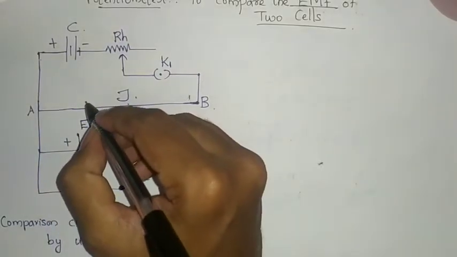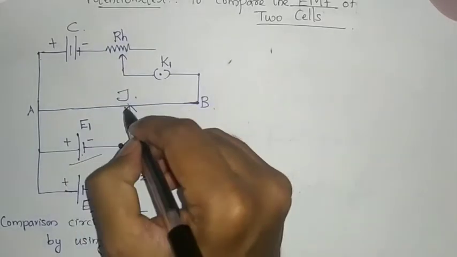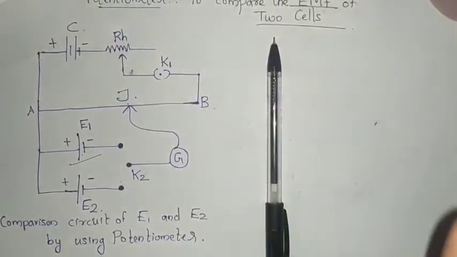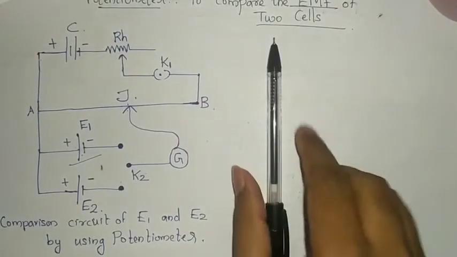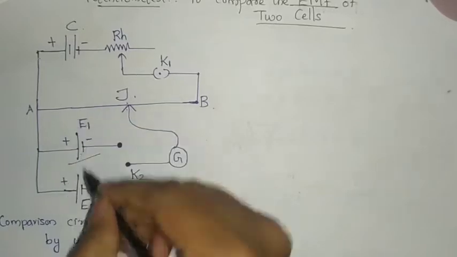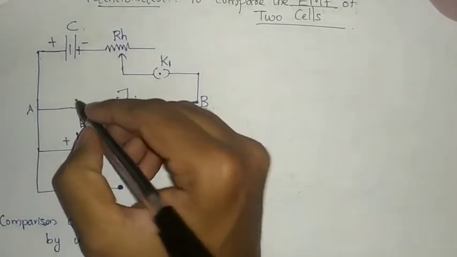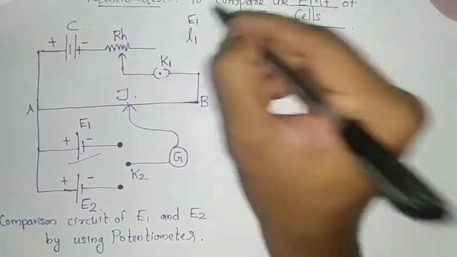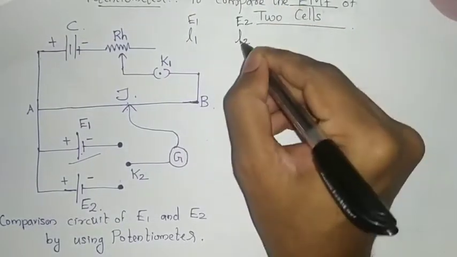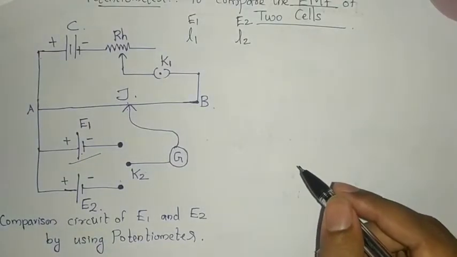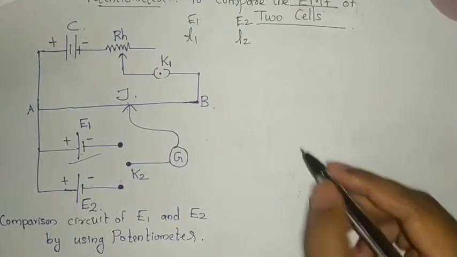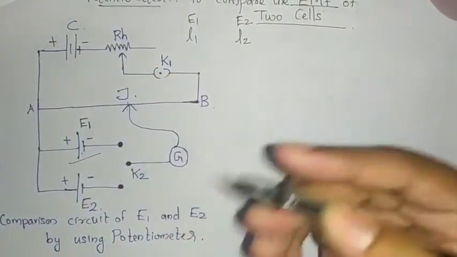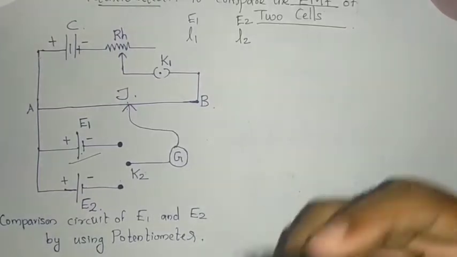At a particular distance, you will get the galvanometer zero division, the null point, which can be taken as the balancing length due to the cell E2 and named L2. Because of E1 it was L1, and because of E2 the balancing length is L2. By varying the current through the circuit with the help of this rheostat, we will get different sets of balancing lengths.